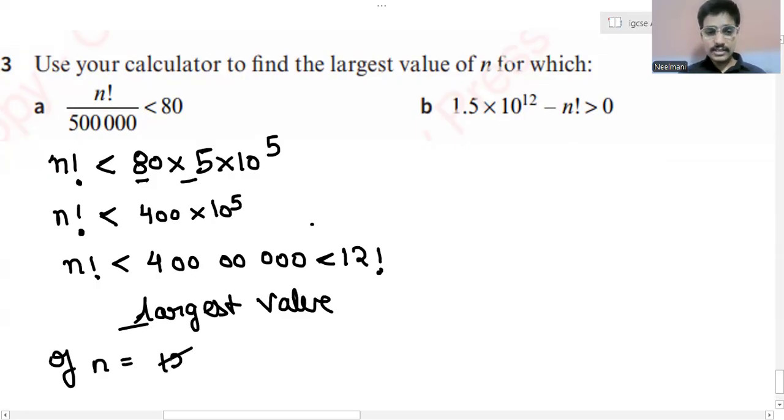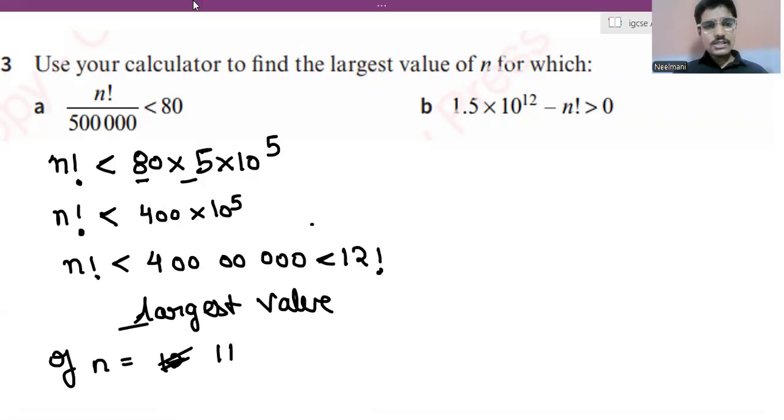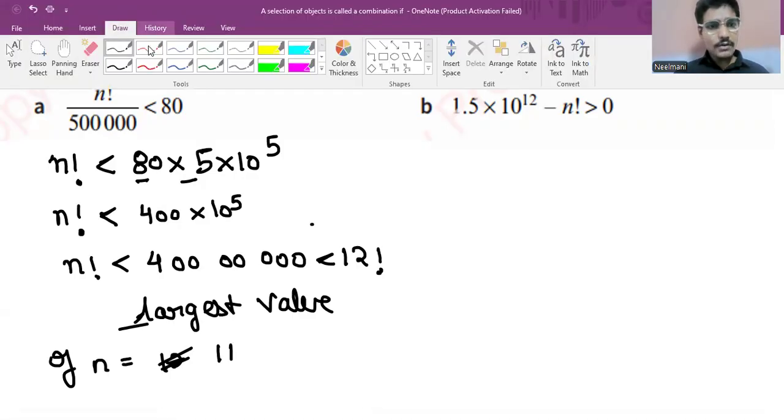It's not 12, sorry, it's 11. Because 12 factorial is a number which is actually greater than this, 4 into 10 to the power 7. 12 is greater than this, and 11 is a number which is slightly lower than this.